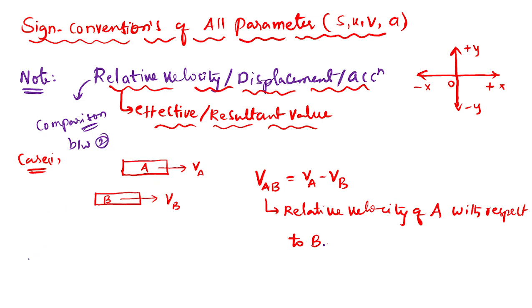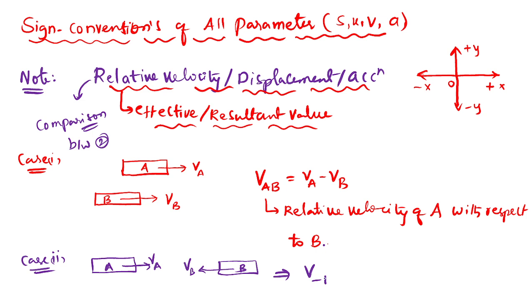Next, case 2. For example, one fellow A is moving in this direction, and another fellow B is moving in the opposite direction. Now tell me, relative velocity of A with respect to B, how would you write it?